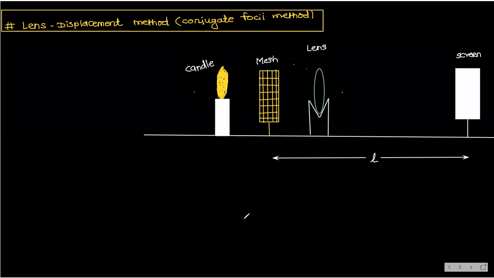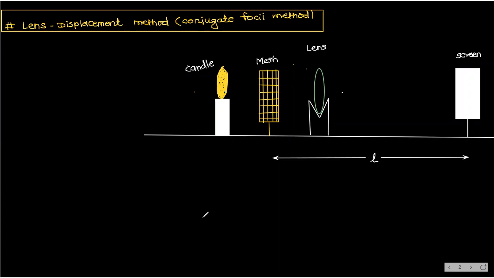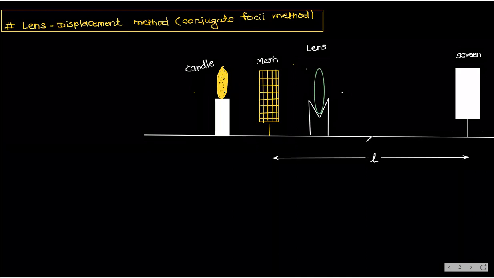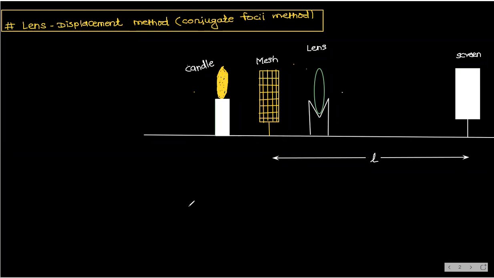Now we have this lens, mesh, screen, and the distance between this mesh and the screen we have kept as L. And now this position, from this point to this point, this distance is how much?